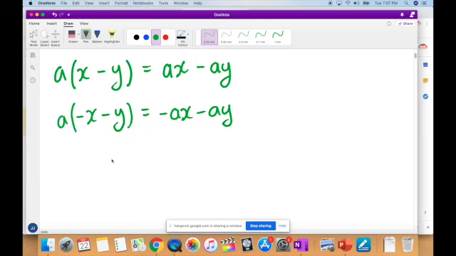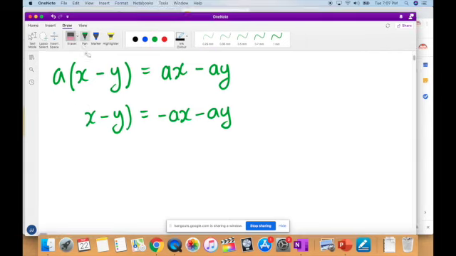Does it make sense to you? Yeah. Well, it's correct. I just like creating doubt in all your mind, you know? But yeah, you have a positive a times a negative x. So that'll give me a negative ax because the signs are different, it will always be negative. And then I have a positive a times a negative y. So that will give me minus ay for the same reason.